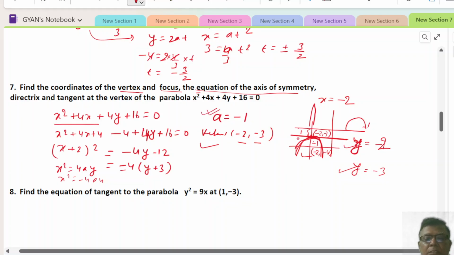A is minus 1. So a will be minus 1 below this. So here is minus 3. So minus 3 minus 1, so below this is minus 4. So that will be minus 2, minus 4. And whatever the x coordinate is there, that will be the axis.